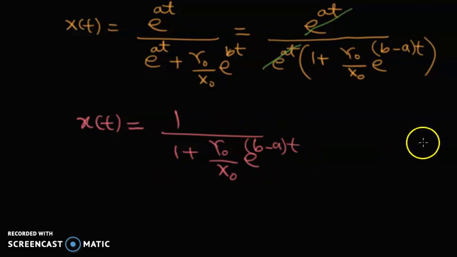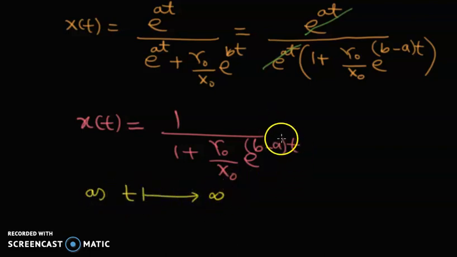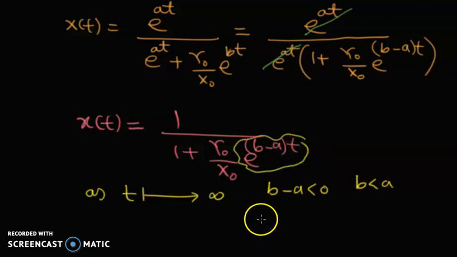Now just apply the limit t goes to infinity. As t goes to infinity, we can see that b minus a is negative because b was less than a. So this will move to 0.